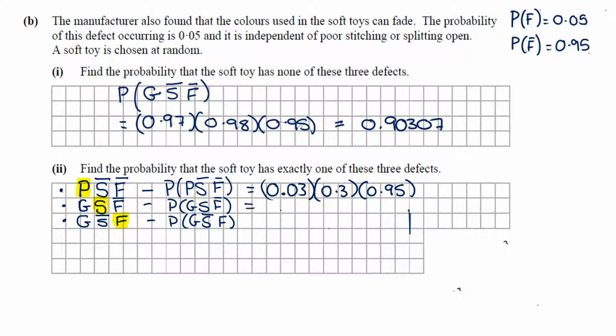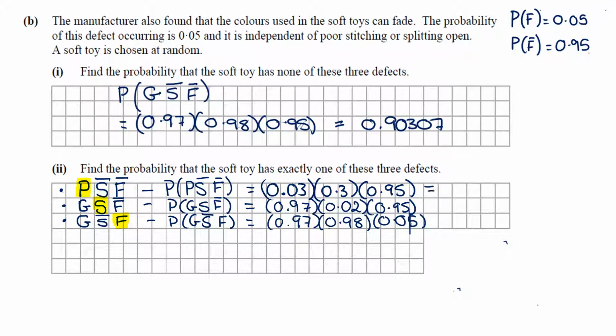If we then take good stitching, so 0.97, the chances of it splitting is 0.02 then. And then the chances of it not fading is 0.95. And the last one again is 0.97 for good stitching. Then we have to look at does not split, so that's 0.98, and then does fade is 0.05.